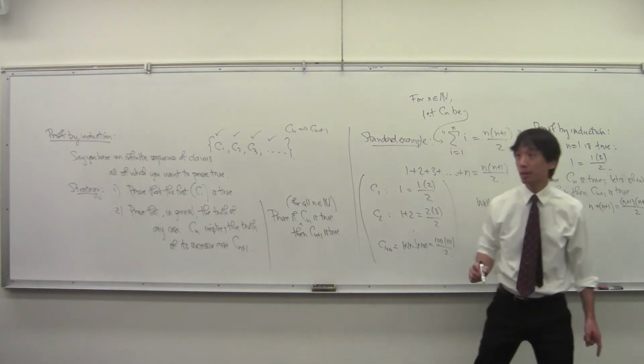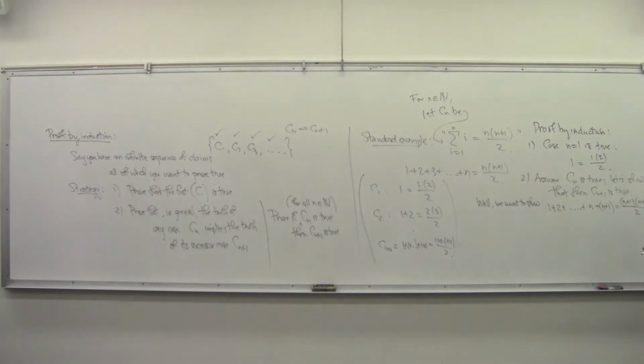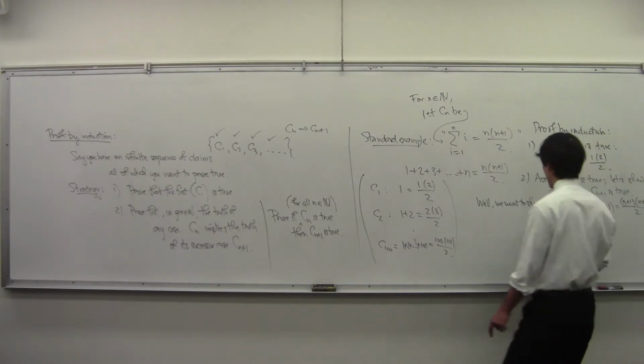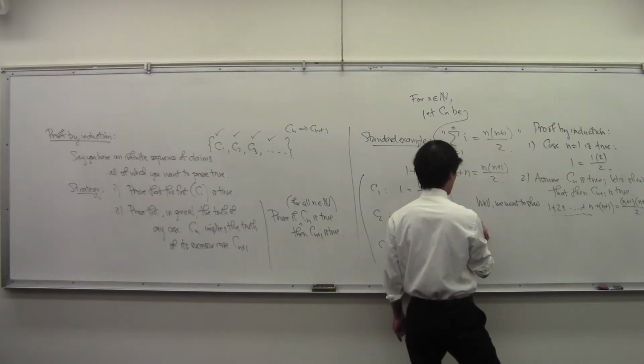But we're allowed to assume that we have a formula for Cn, right? We're allowed to assume that the nth formula is true. So what do we know about this? We know that the formula for the sum of numbers from 1 to n is this.